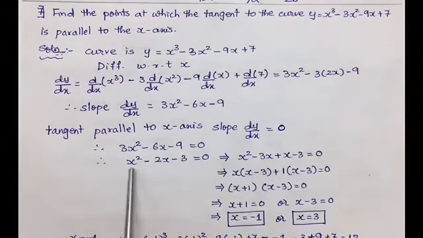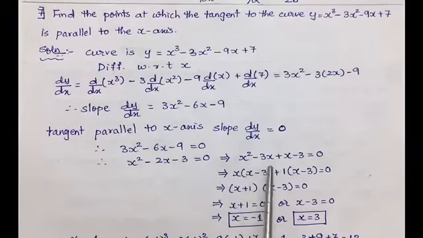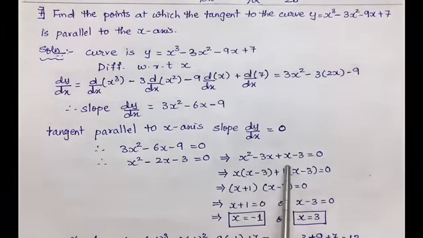Going for factorizing it by splitting the middle term, we get x square minus 3x plus x minus 3 equal to 0. From the first two terms, taking out x common, we get x minus 3, and from the last two terms, taking out 1 common, we get plus 1 times x minus 3 equal to 0.